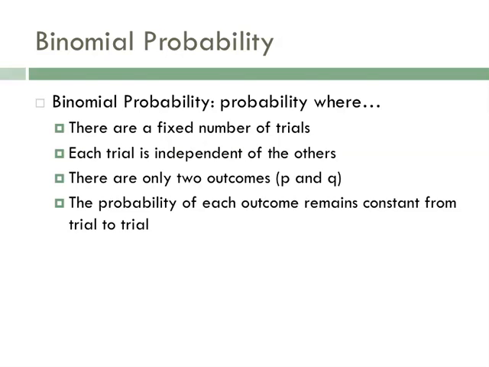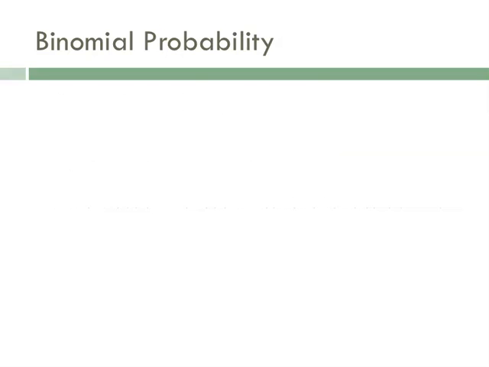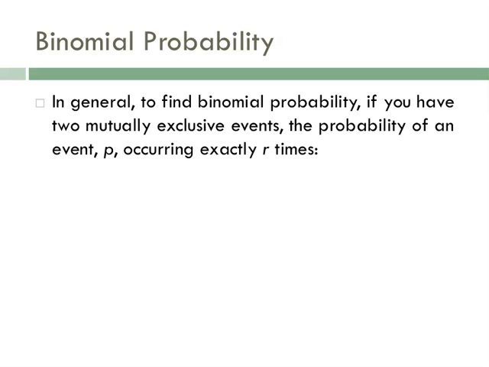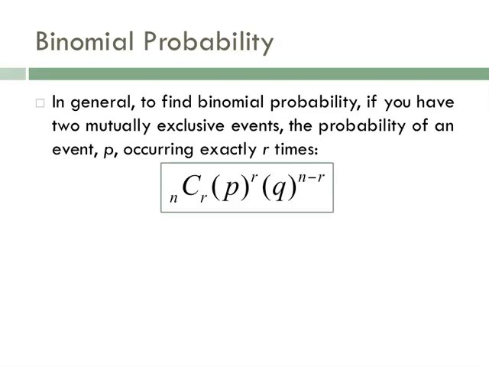Now, in general, how do you find the probability of what we call a binomial event? Okay, so in general, to find binomial probability, if you have two mutually exclusive events, P and Q, the probability of an event P occurring exactly R number of times is given by this formula here.